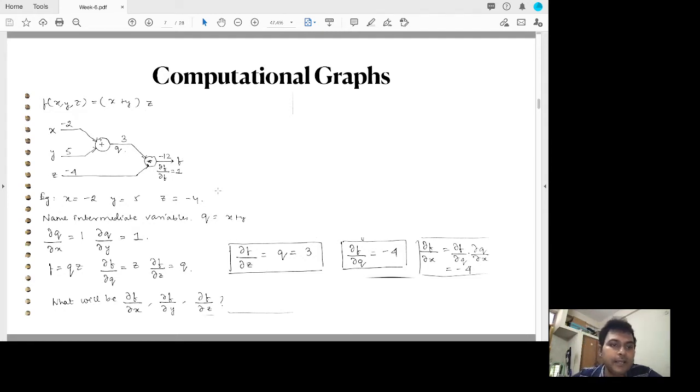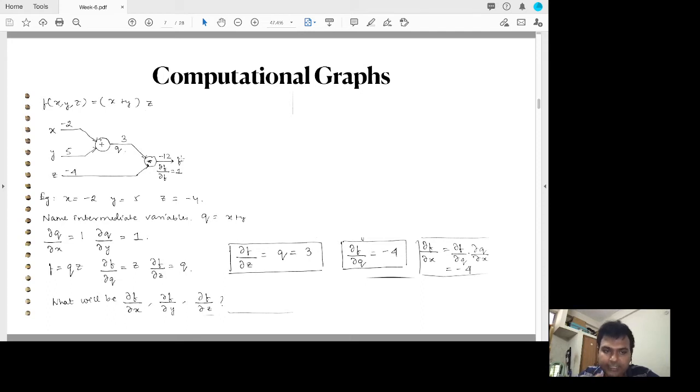You will see these cases in more complicated examples, where you won't understand whether x has a direct effect on f. So you need to understand this computational graph, because x is affecting q, and q is directly affecting f. So in some sense x is indirectly affecting f.